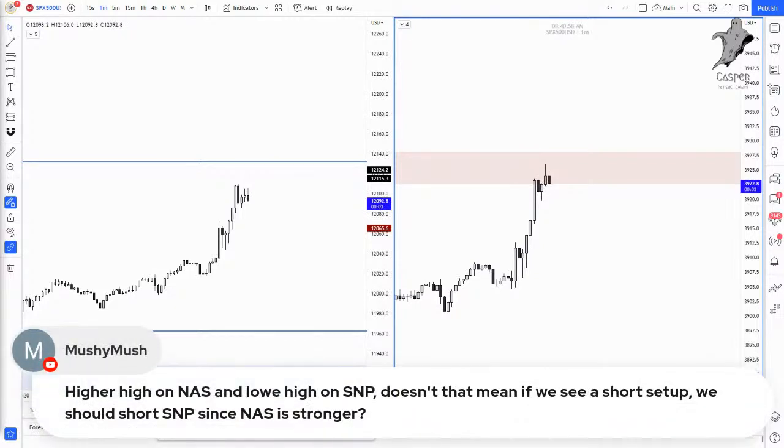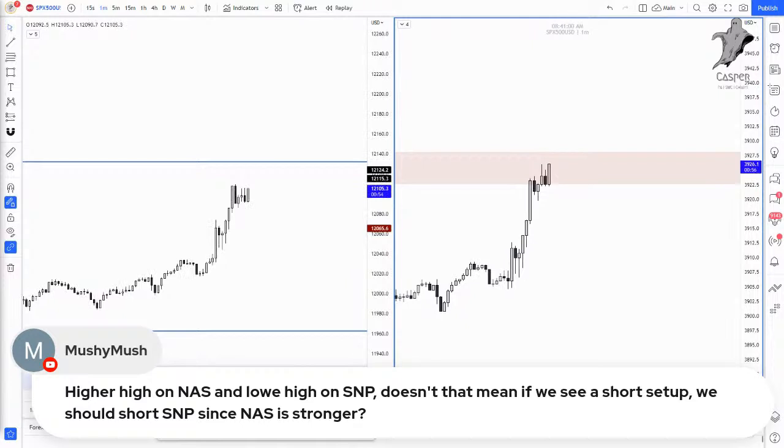Okay, so Mushy asks, higher high on NQ and lower high on S&P. Doesn't that mean if we see a short setup, we should short S&P because NQ is stronger? No, it means the exact opposite. So if you see a higher high on one index and not on the others, that means that if it agrees with your TA, that asset could be being distributed because it's being pushed above areas of liquidity. It's called SMT divergence.